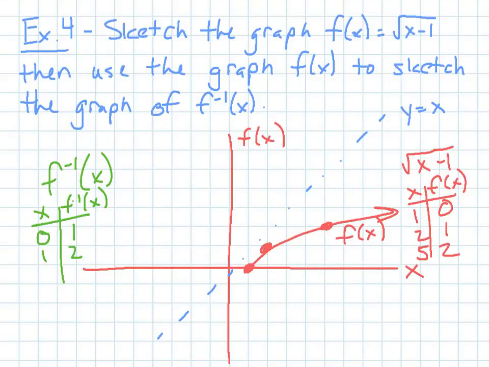And then (1, 2) would be a point, so it's like you're taking these points and switching their spots. So I get (2, 5). So then now your graph looks like this for the inverse. Okay, so that would be f inverse of x. And that's how you would sketch the graph of an inverse using the original. Okay, have fun.